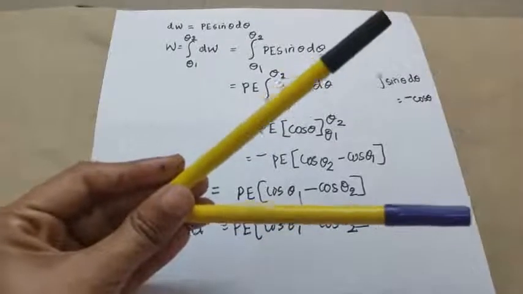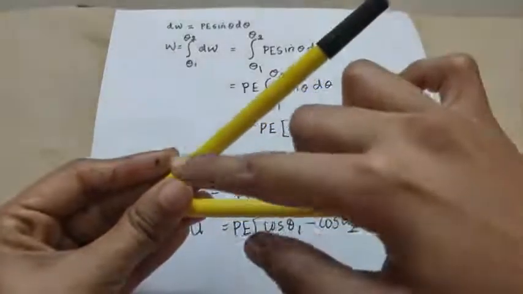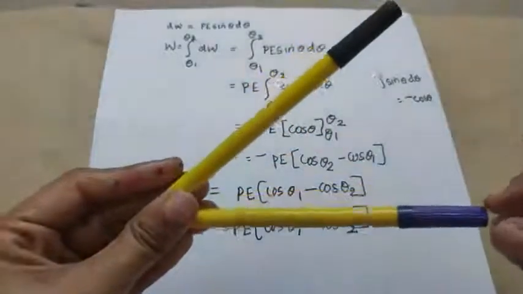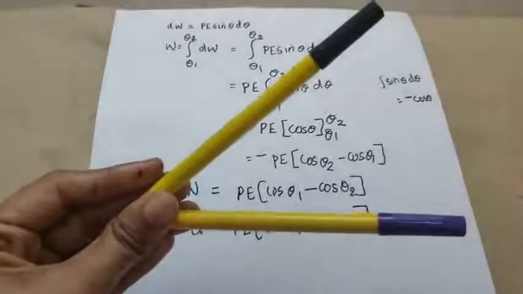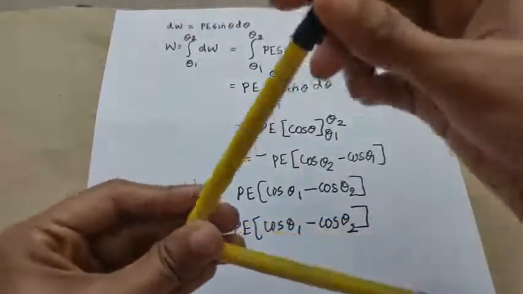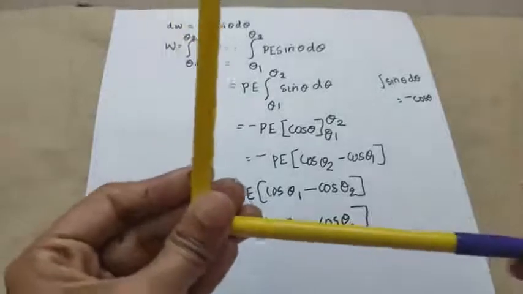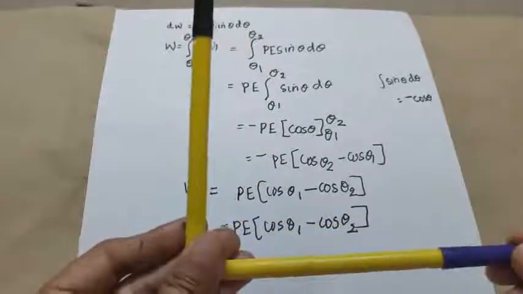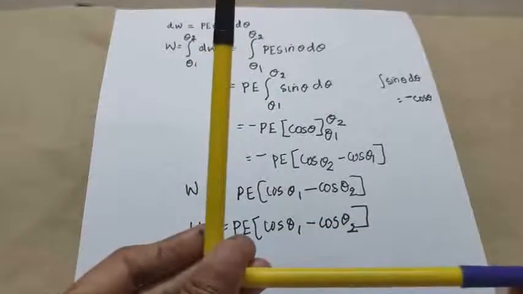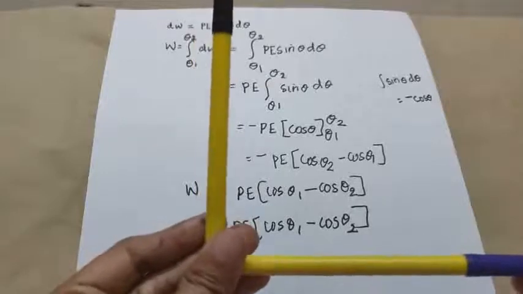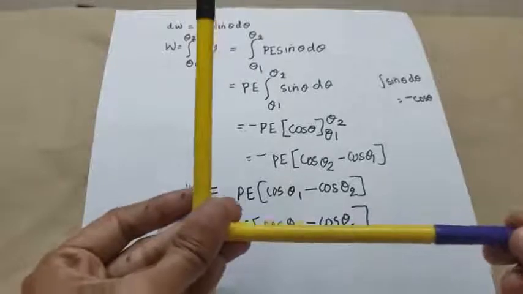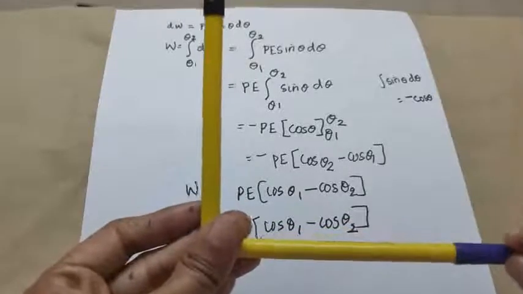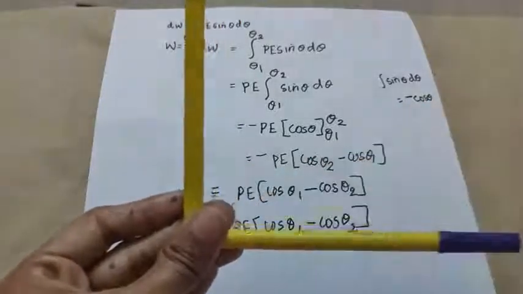Here we consider our electric dipole makes an angle theta with the electric field. Imagine initially the dipole is oriented perpendicular to the direction of the electric field. So what is the angle theta 1 here? Theta 1 is 90 degrees.